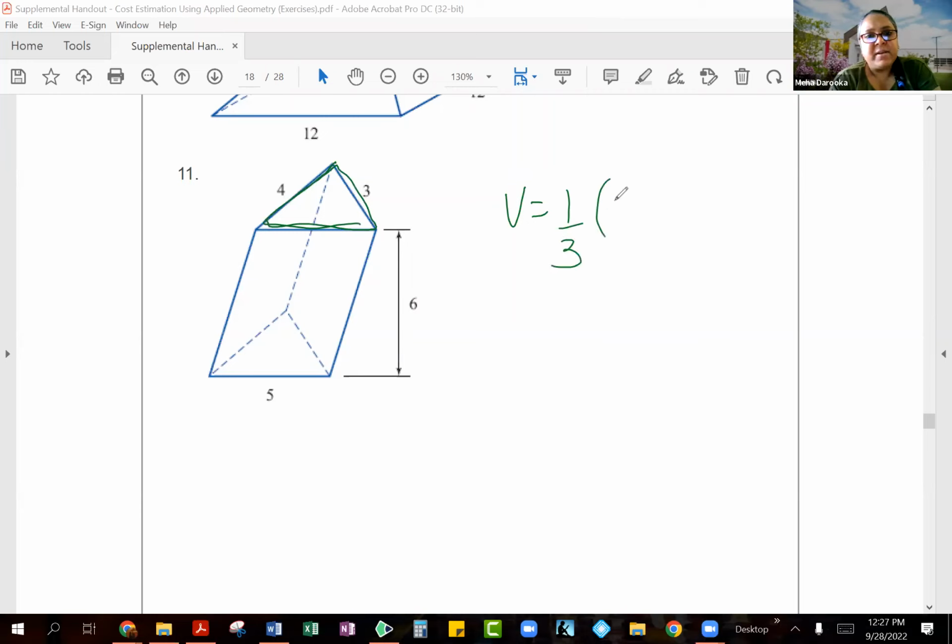So for the triangle, we would have to do the area of the triangle, and then you would multiply that with height. Yeah, exactly. So this one is kind of like a cylinder, but instead of a circular base, you have a triangular base. So that's kind of what this guy would end up looking like.